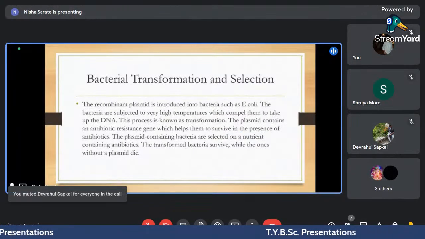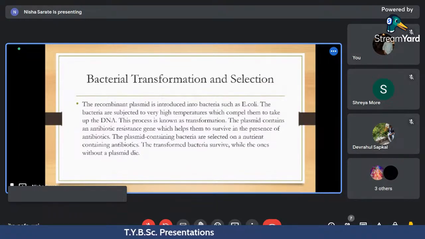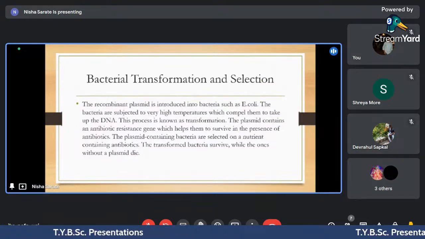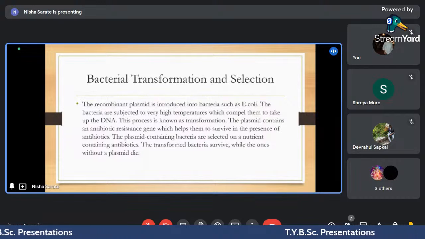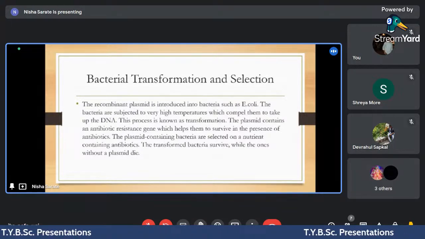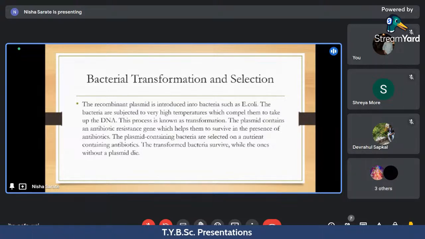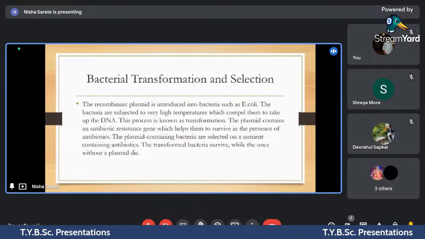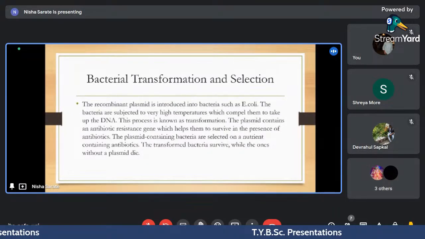The bacteria are subjected to very high temperatures, which compel them to take up the DNA. This process is known as transformation. The plasmid contains an antibiotic resistance gene, which helps them to survive in the presence of antibiotic. The plasmid containing bacteria are selected on nutrient medium containing antibiotics. The transformed bacteria survive while the ones without a plasmid die.